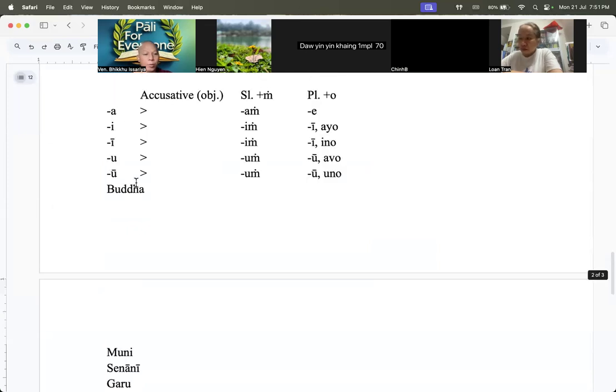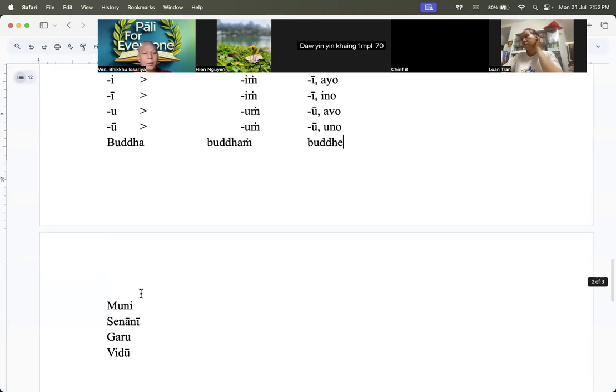So Buddha as the object will become Buddha. But for plural, Bodhi. But Muni will become Muni. For plural, one form is Muni. After that, Munayo.